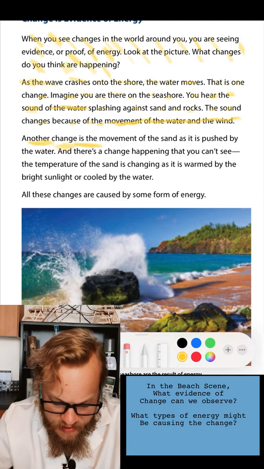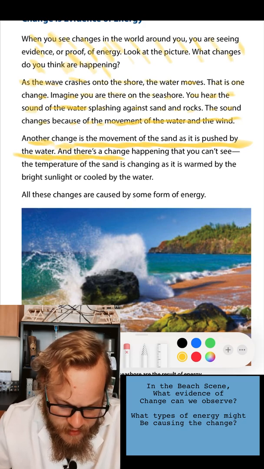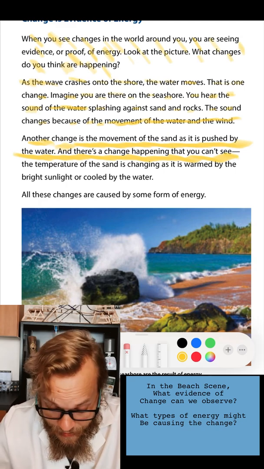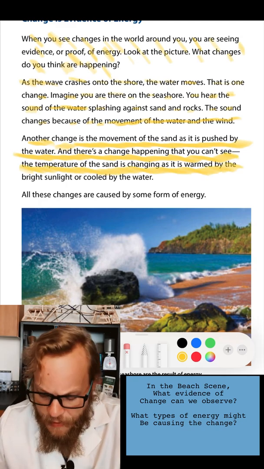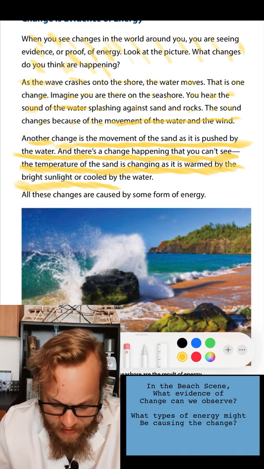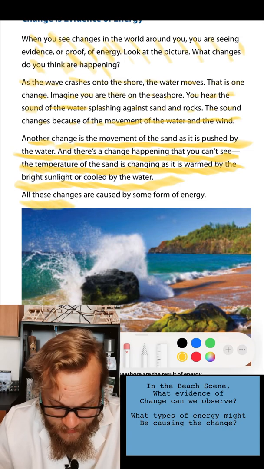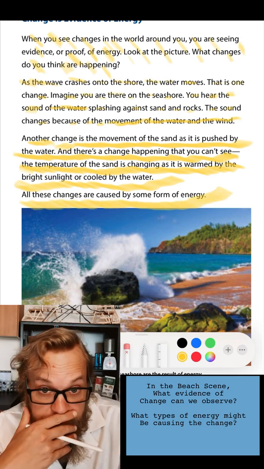Another change is the movement of the sand as it is pushed by the water. And there's a change happening that you can't see. The temperature of the sand is changing as it is warmed up by the bright sunlight or cooled by the water. All of these changes are caused by some form of energy.